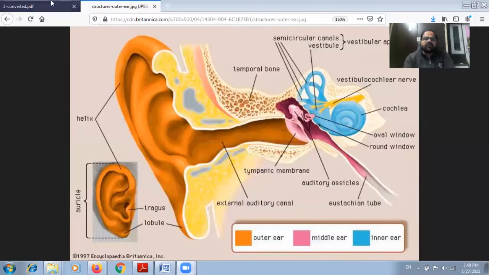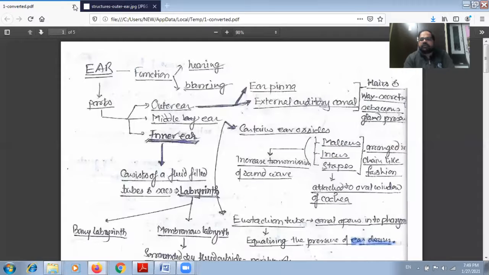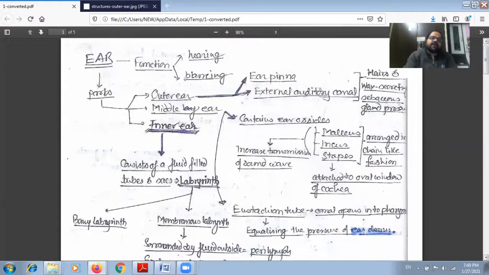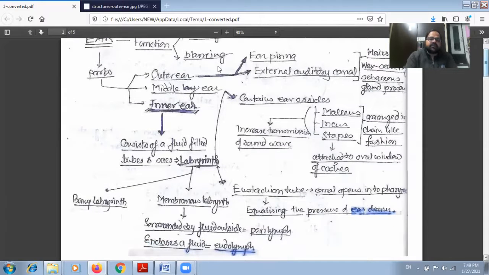Now we'll see some details of the human ear. As we know, the human ear has two functions. One is hearing and another is balancing. It means the human ear takes part in hearing as well as the body's balancing. There are a total of three parts, as I have already said: outer ear, middle ear and internal ear.